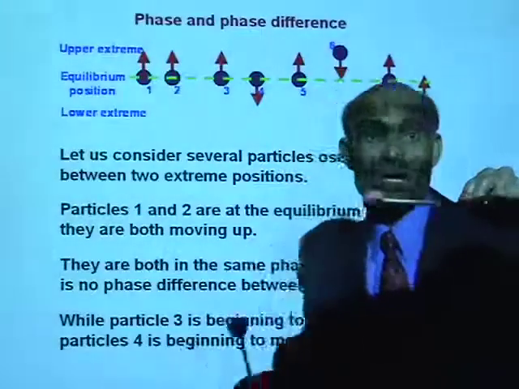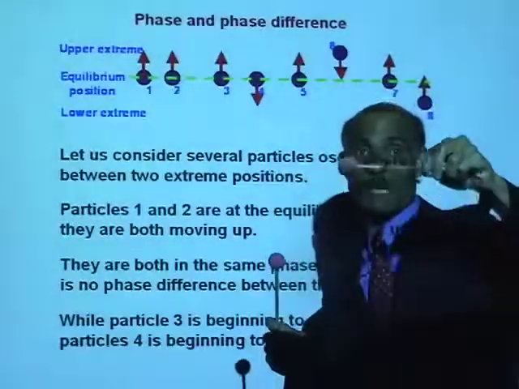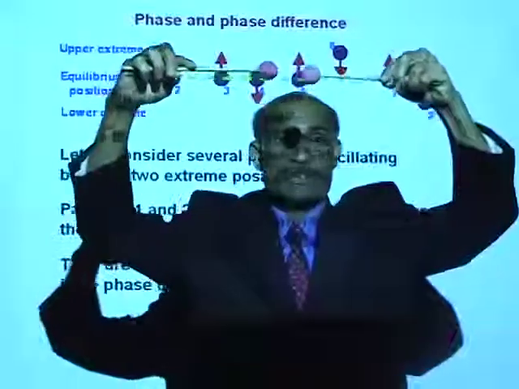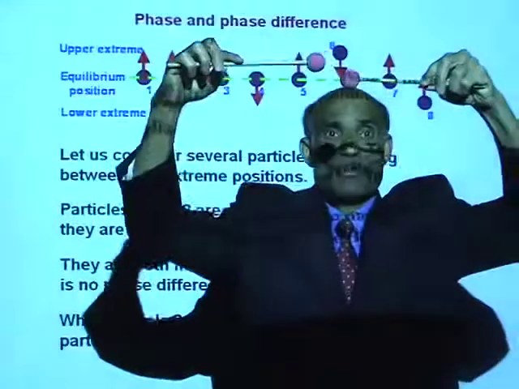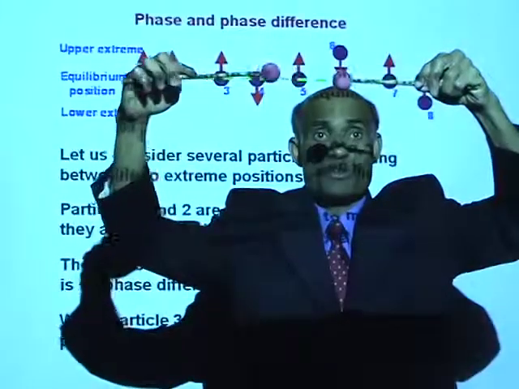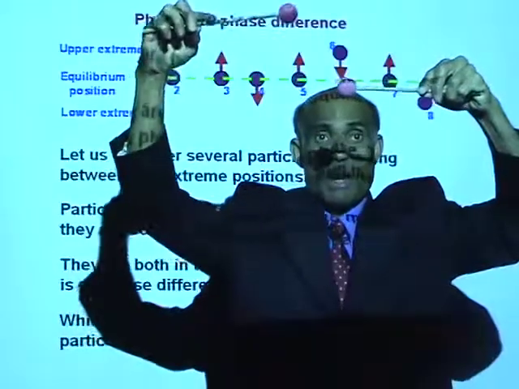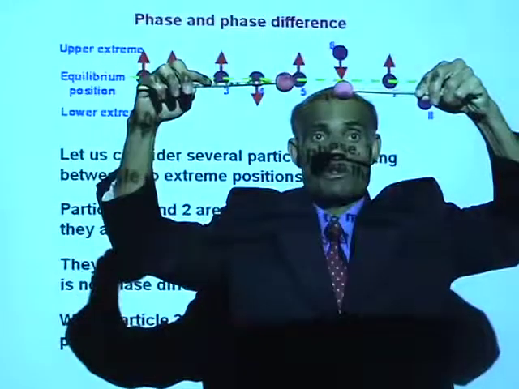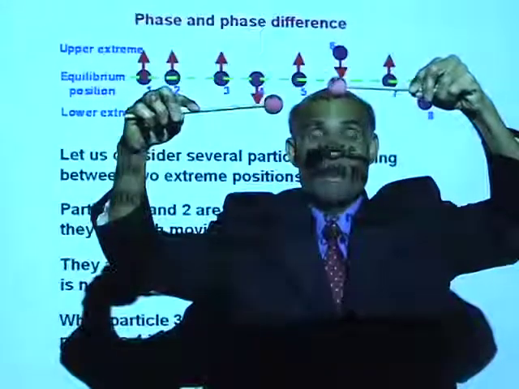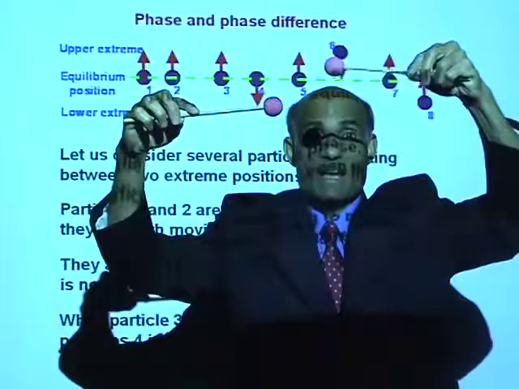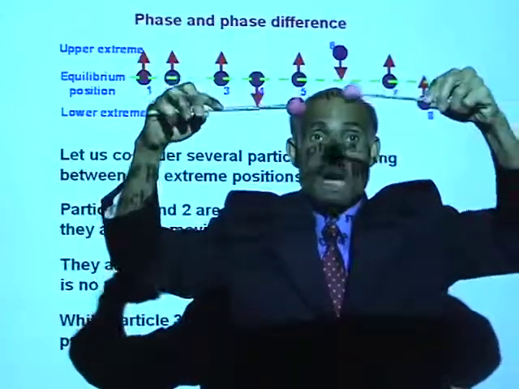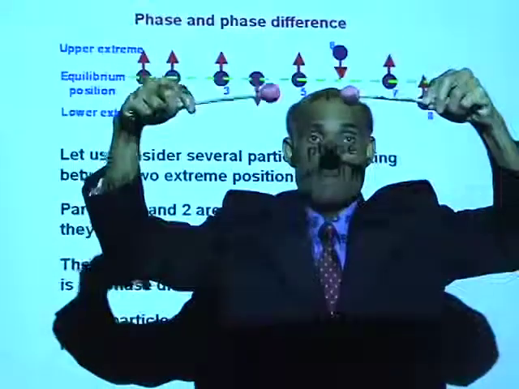Now, remember, the time taken to vibrate completely once is called a period. Now look at these two particles. Particle 2 has gone to the upper extreme, back to the equilibrium position, and now it is beginning to move down. And particle 1 is beginning to move up. Now that means this particle in my right hand.